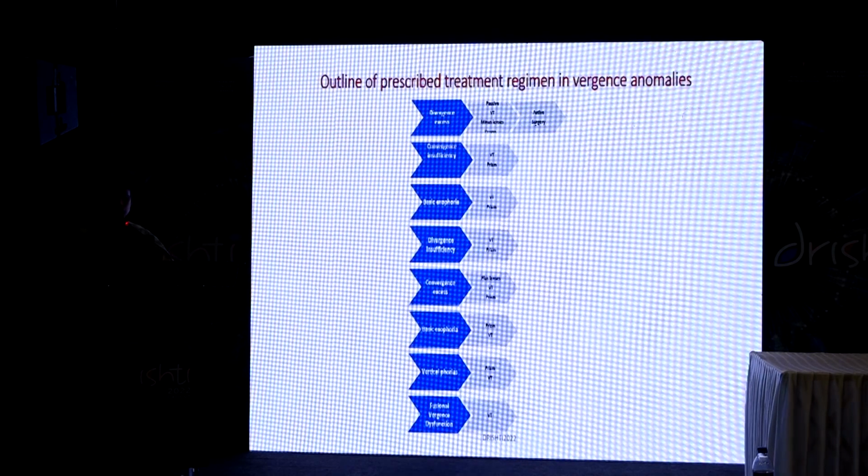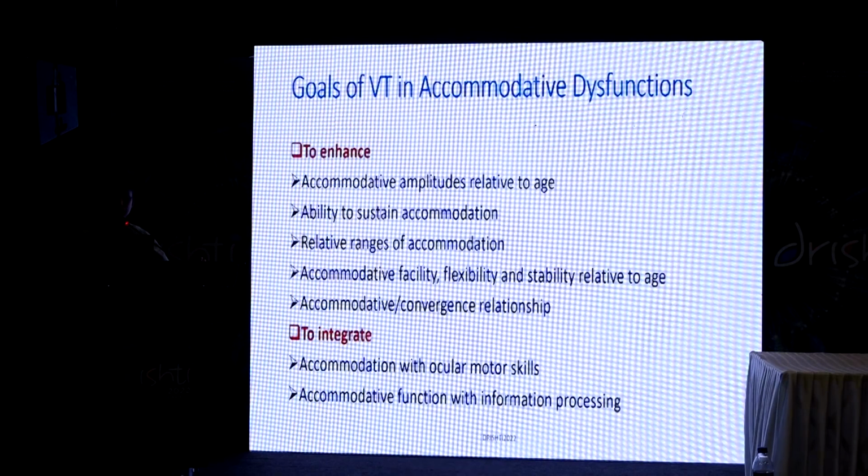And this is just an outline of the prescribed treatment regimen in vergence anomalies. Like if you encounter, for instance, a case of convergence insufficiency, vision therapy and prisms are an option. Like if it's a case of basic esophoria, prisms would help in that case, followed by vision therapy. So like that, I have just enlisted the various vergence anomalies and what could be the prescribed treatment.